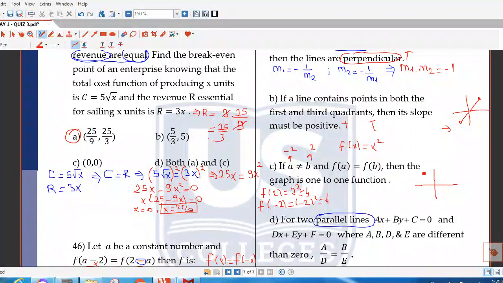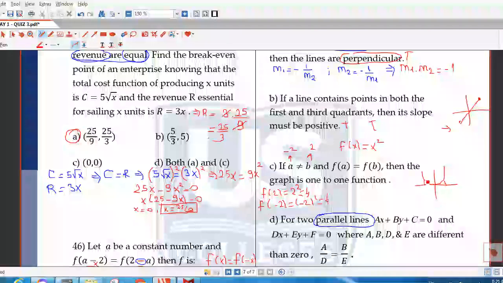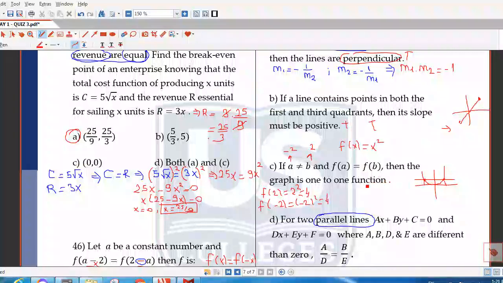The graph of x squared is a parabola. Negative 2 and 2 give the same y, and the test for a one-to-one function is using a horizontal line, and the horizontal line includes 2 points, so it cannot be a one-to-one function. It is the false statement.